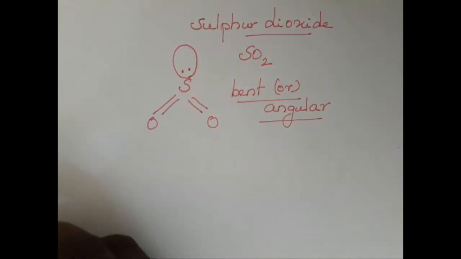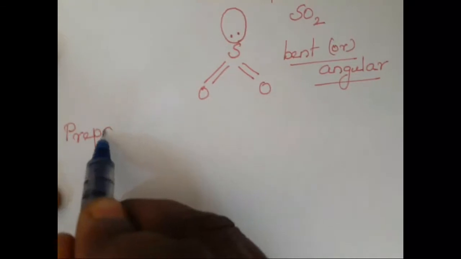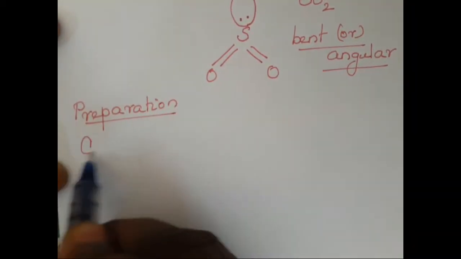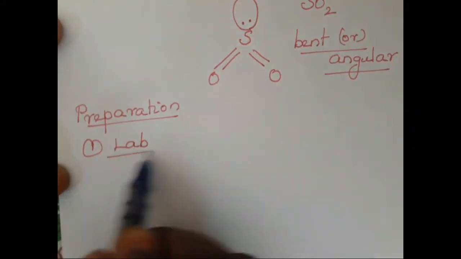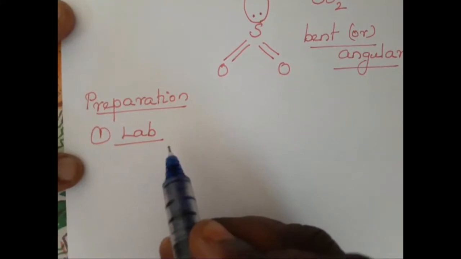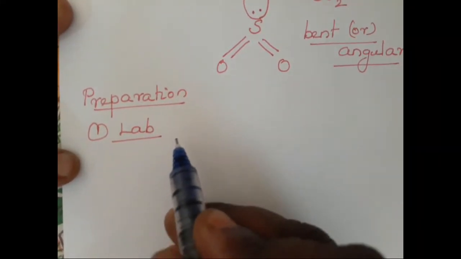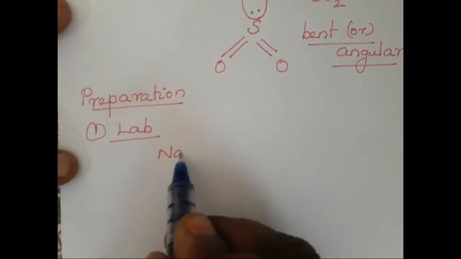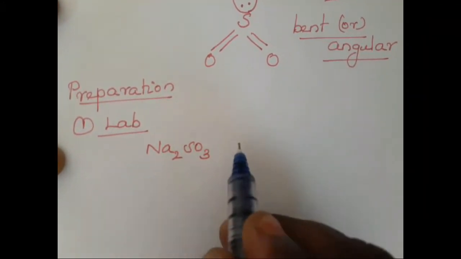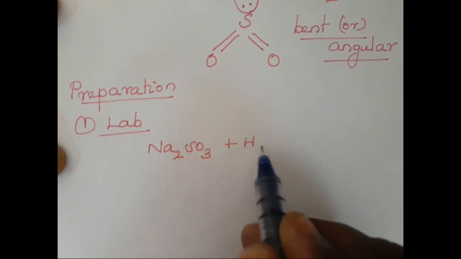Right. Now let us see the preparation of sulfur dioxide. First, let us see the laboratory method of preparation. Sulfur dioxide is prepared in the laboratory by treating sodium sulfite, Na2SO3, with sulfuric acid.